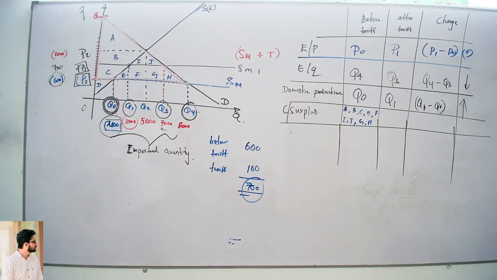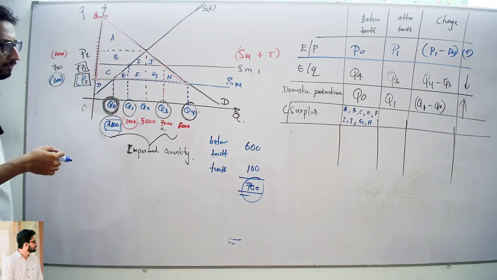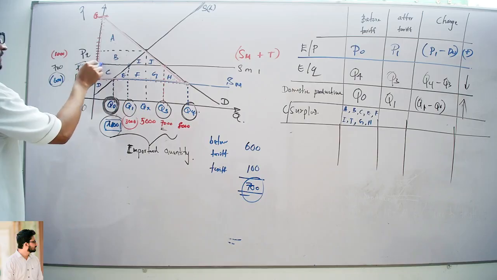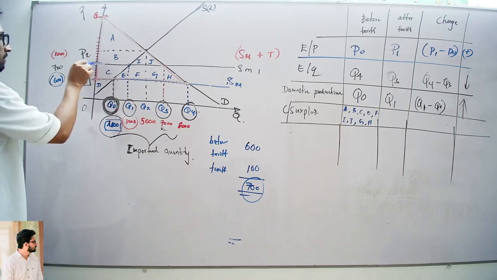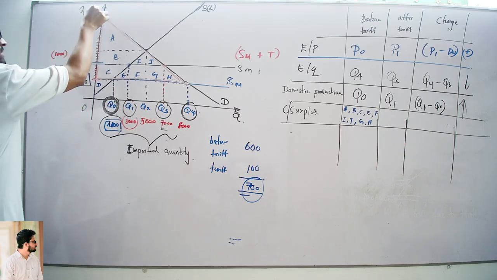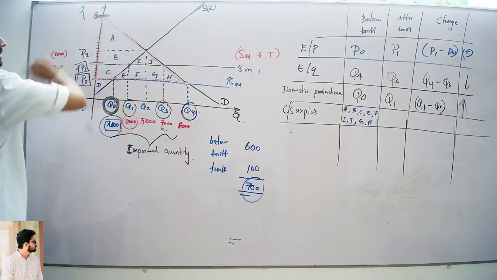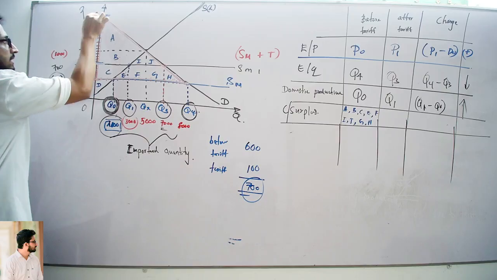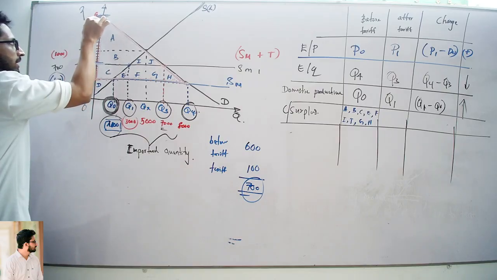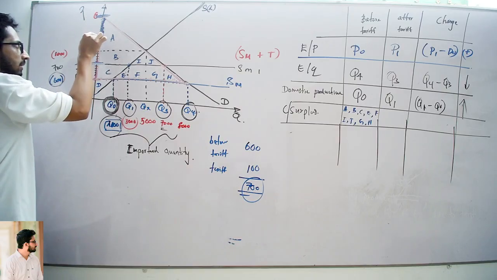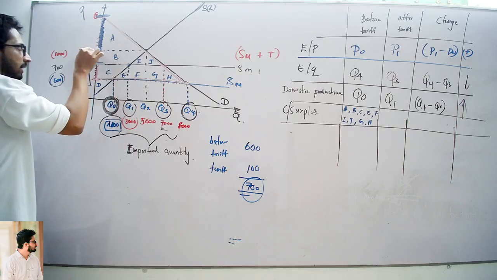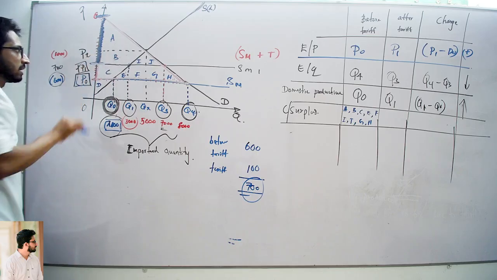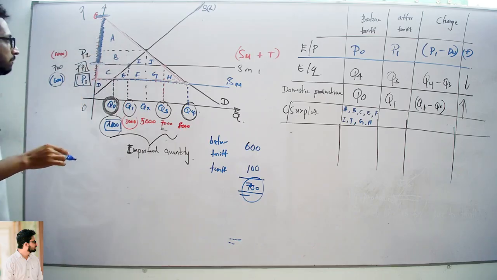Very good. After the tariff, this is the price that consumers have to pay. P1 is the maximum price that consumers are willing to pay. Then this distance minus this distance, this gap, should be multiplied by the actual quantity that consumers are willing to purchase.